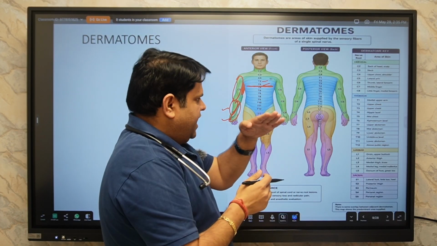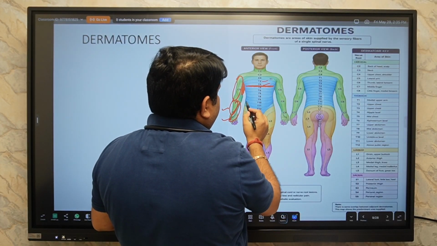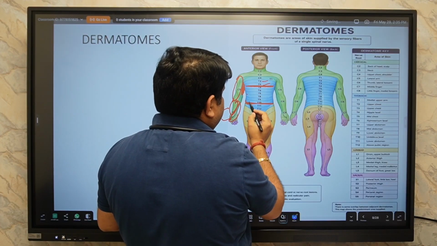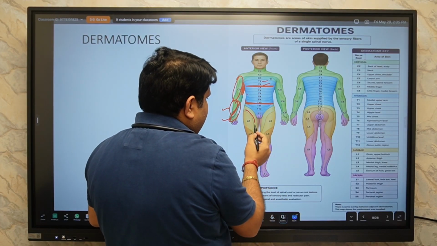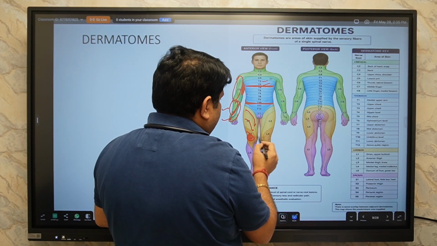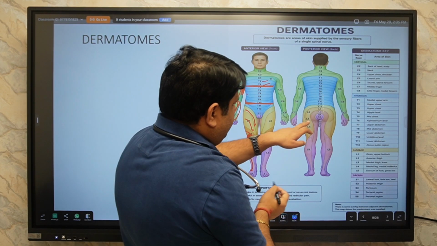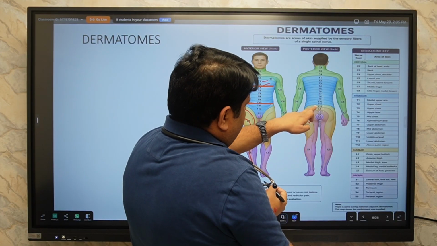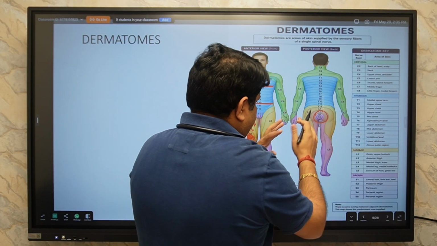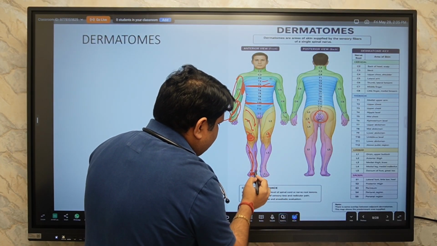If we see the landmark, T4 is at the level of the nipple. T10 is at the level of the umbilicus. In the lower limb, L1, L2, L3 are at the level of the knee. L4 supplies the posterior compartment of the thigh. S1, S2, S3 supply the sacral region, perianal area or perisacral area. L5 and S1 are in the foot.